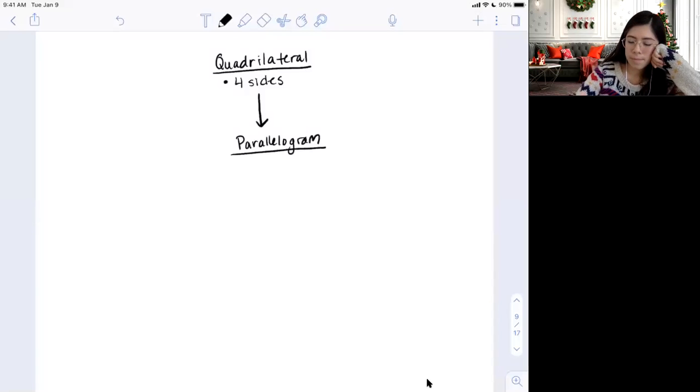Parallel sides. So 2 pairs of parallel sides. And there's actually a couple more things that we talked about. Does anyone remember?